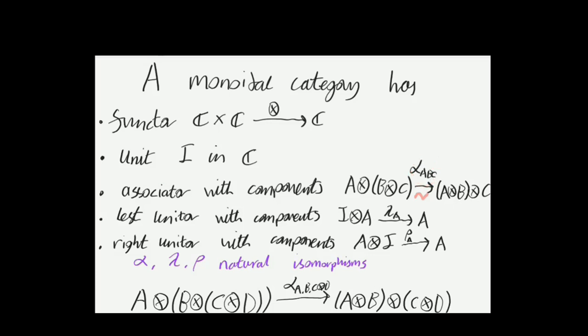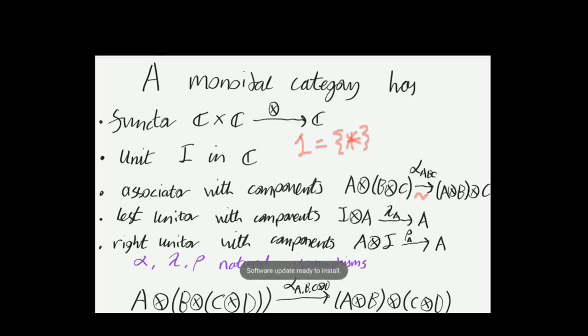We also have something called a left unitor, and it's another natural transformation. The A-th component of it goes from I tensor product A to A. And so if you think about what this means in Set, well, in Set, the unit is going to be the singleton set. So let's say it's the set which just has one element that we'll call star.